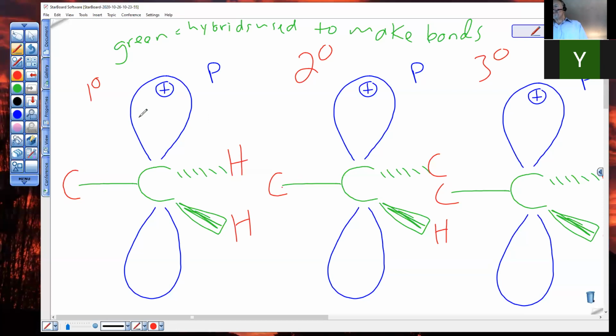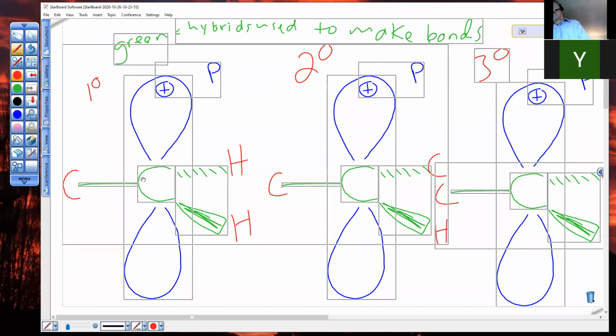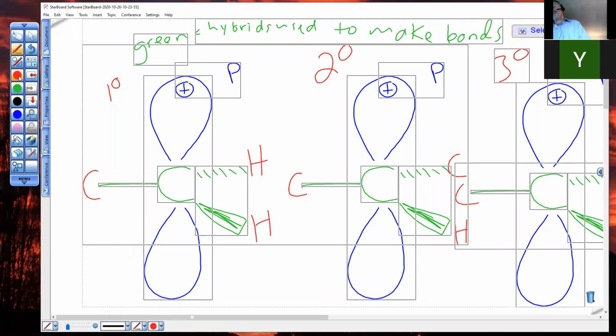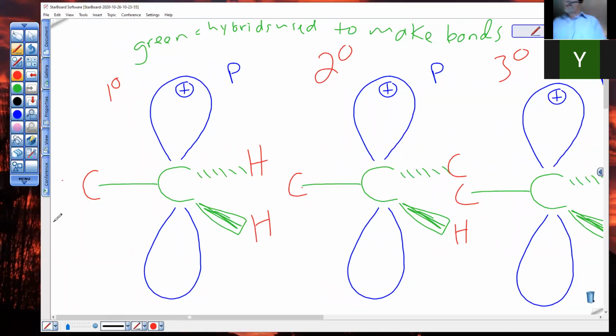There's nothing near this p orbital with hydrogen here. But with a carbon there, the carbon has bonds. And guess what is in a bond? You guessed it, a pair of electrons.